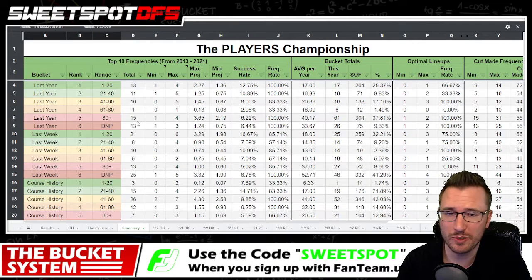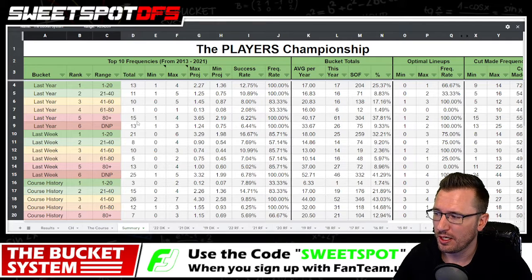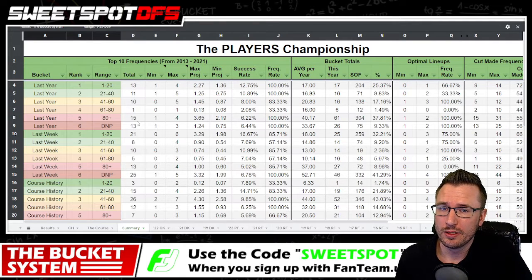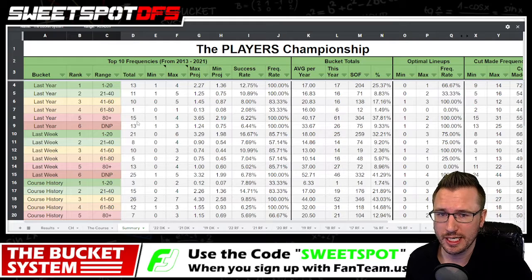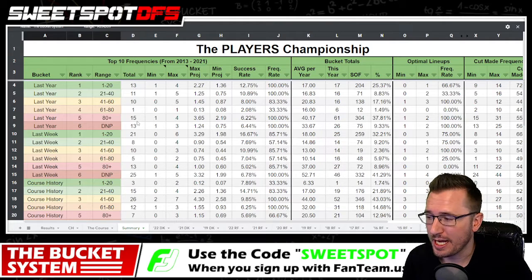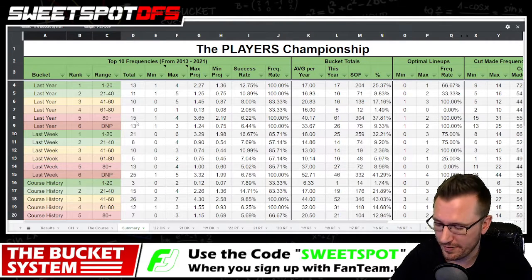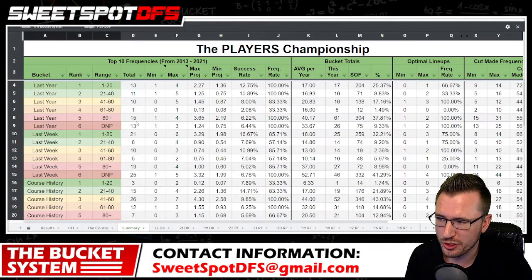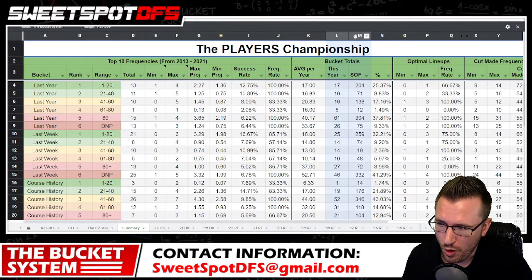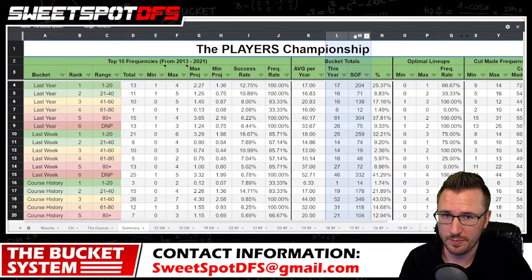Now, to go back to what I was saying, why does this matter for you guys? Why should you even look at this? Well, I figured out a way to look at that historical data and apply it to the current field. Whatever the event I'm talking about, I'm able to apply it based off of how many golfers are in that bucket and the quality of golfer that's also in that bucket.